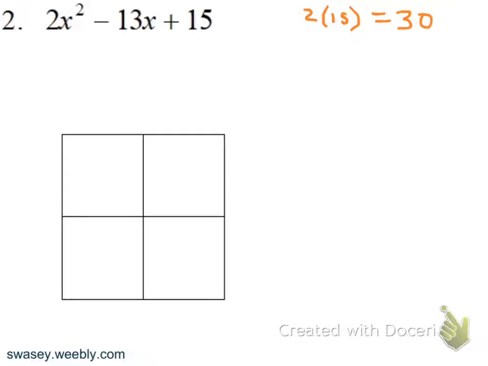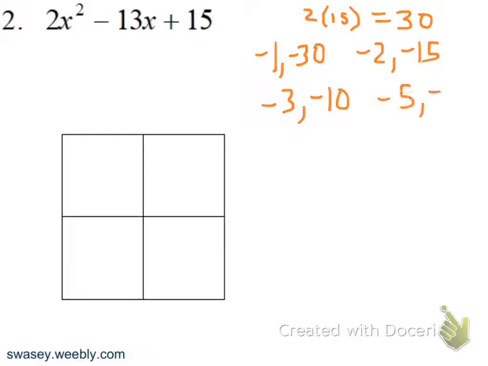So multiplying and getting 30, negative 1, negative 30, negative 2, negative 15, negative 3, negative 10, negative 5, negative 6. Looking for the pair that adds up to negative 13, and hopefully you see that's negative 3 and negative 10.